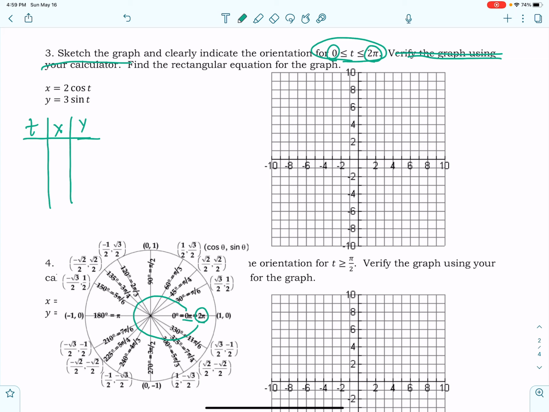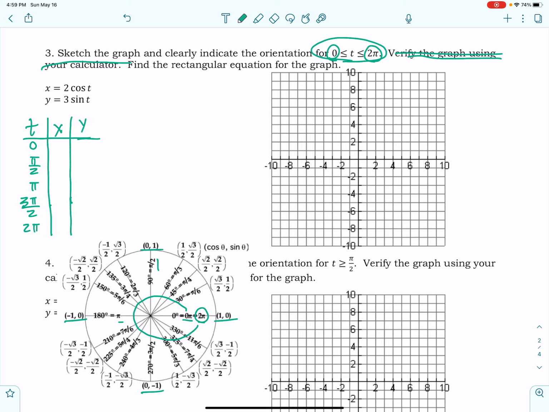We are just going to choose the easy points, which are at the quadrant values. So I'm going to write t at 0, pi over 2, pi, 3 pi over 2, and 2 pi. Those are our total restrictions for t.